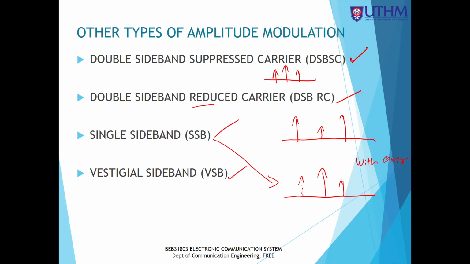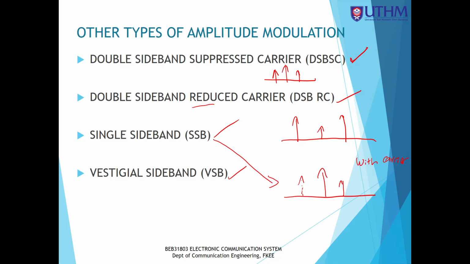What about vestigial sideband? So vestigial sideband, you're going to see later that we have the carrier, we have the upper sideband, and we have a smaller lower sideband. So the amplitude of the sidebands are not equal. In terms of amplitude, it's different.